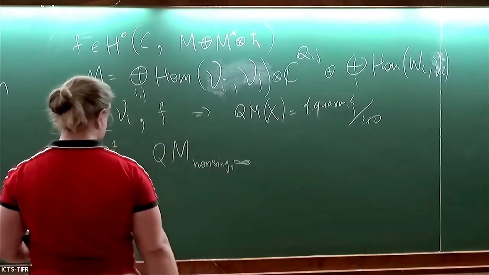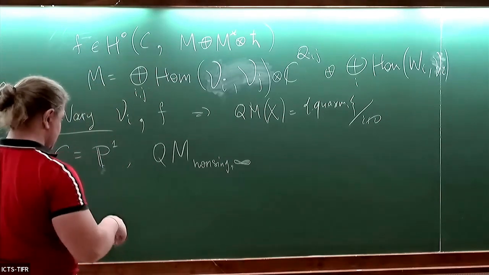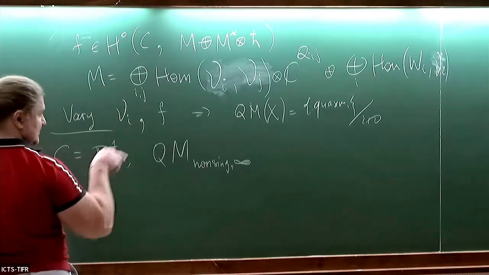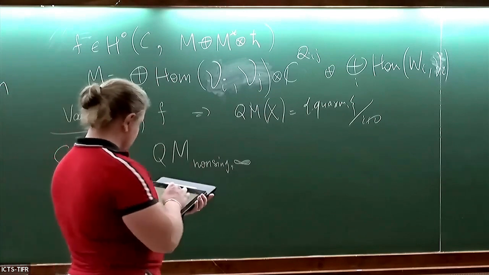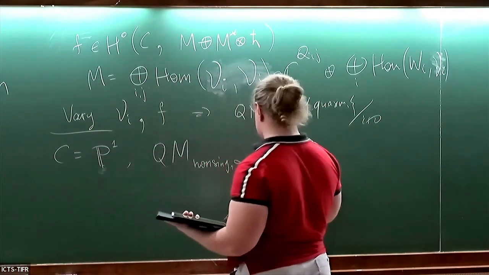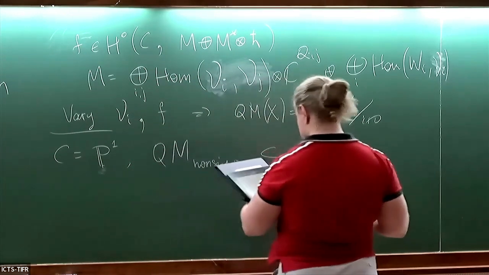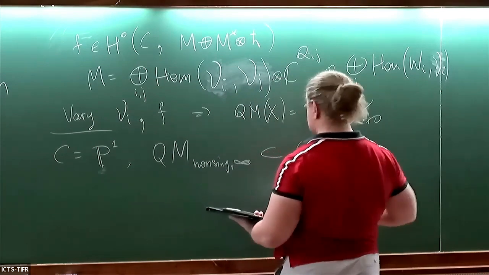In other words, infinity lands into a stable locus in the target. And then this is again an open subset in the full moduli space of quasi-maps.